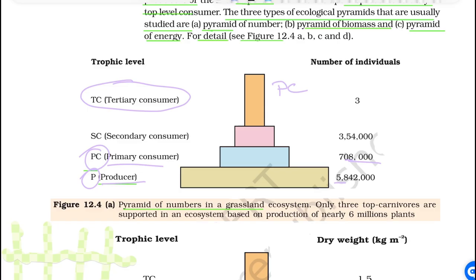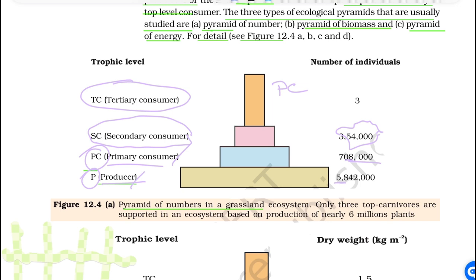Then there are secondary consumers, denoted by SC, that are 3 lakh 54,000. Then tertiary consumers, TC, are only 3. So you can see that tertiary consumers are much fewer than producers, and primary consumers are fewer than producers.